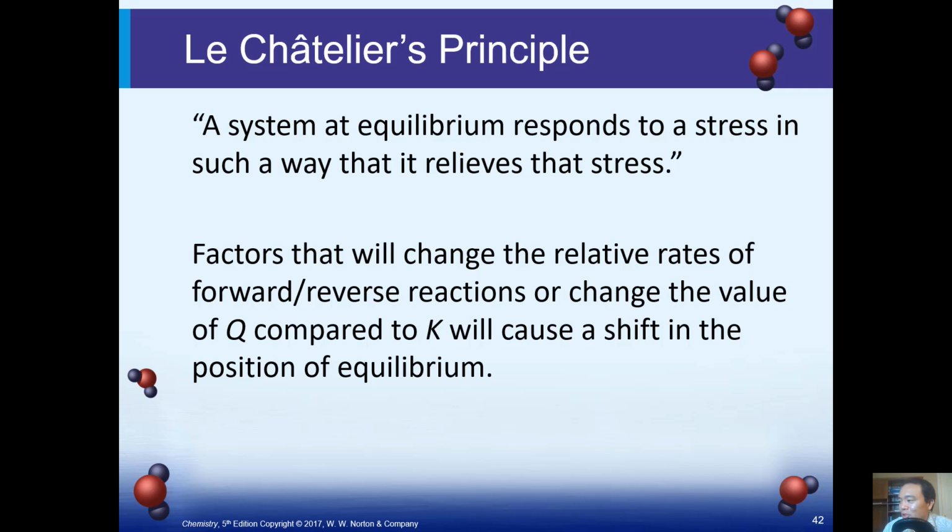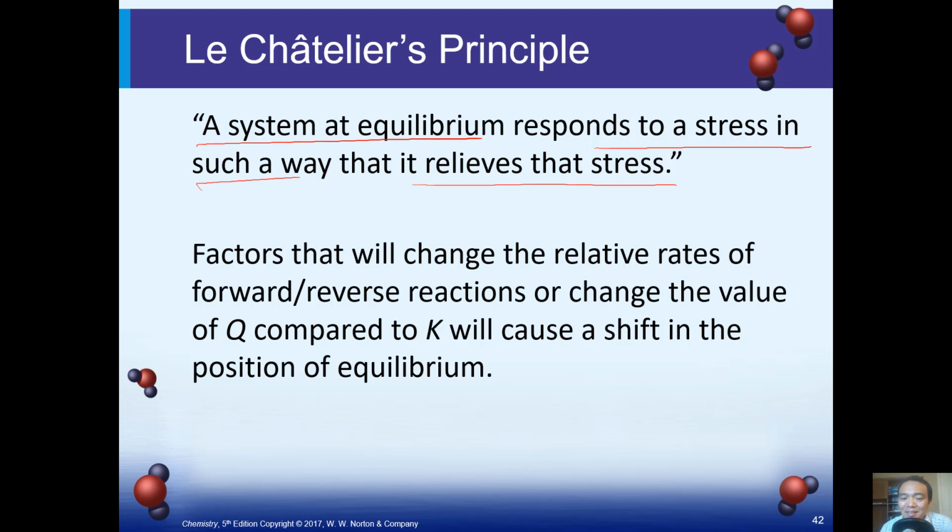Basically, Le Châtelier's principle tells you a system at equilibrium will respond to a stress, also called a change of condition, in such a way that it releases that stress. For example, if you add a concentration for a certain substance, then the reaction will shift to the direction that will make that concentration a little bit less.